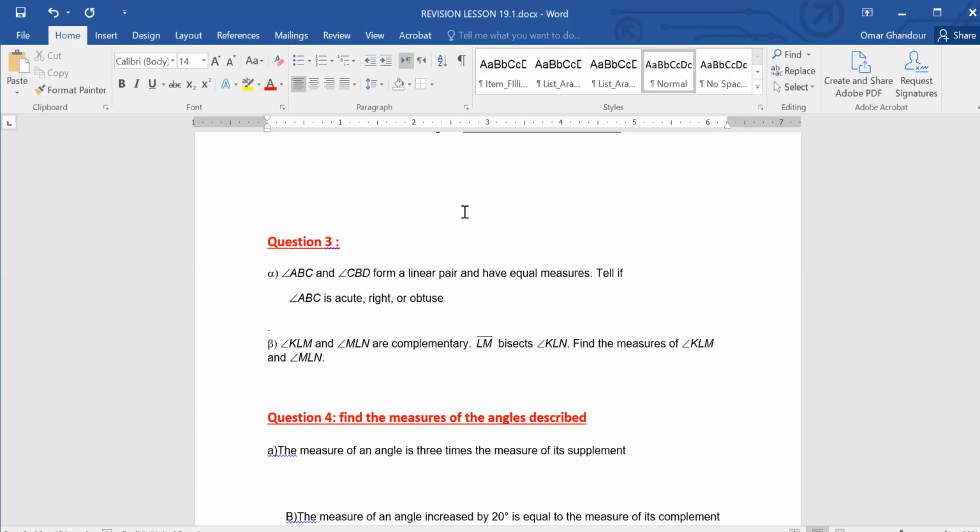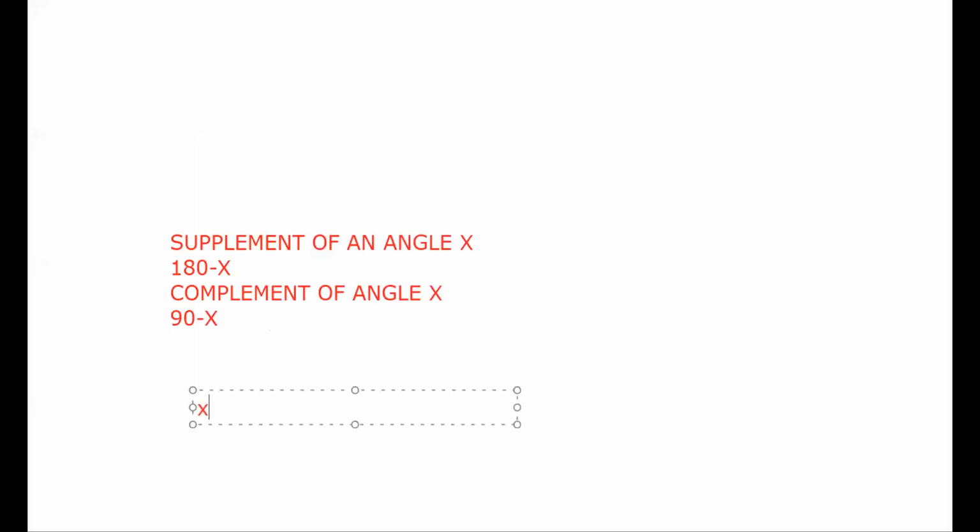So now I can write that since they have the same measure, x plus x is equal to 180, like 2x equal to 180. We can find x actually. If I divide by 2 and divide by 2, x is going to be 90 degrees.